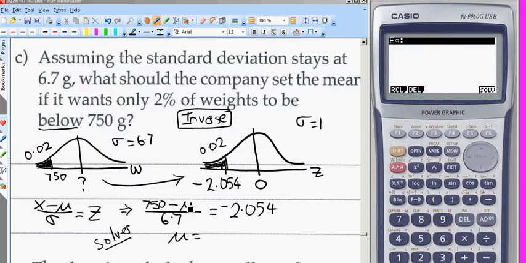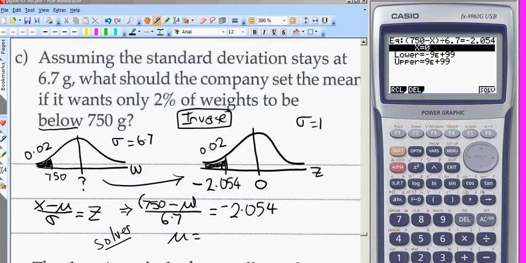Now we need to put in the equation, and I think we're going to need to have brackets around the top line, so we'll go bracket 750 minus, we'll use x to stand for the mean, divided by the standard deviation, and that gave us a value of negative 2.054.